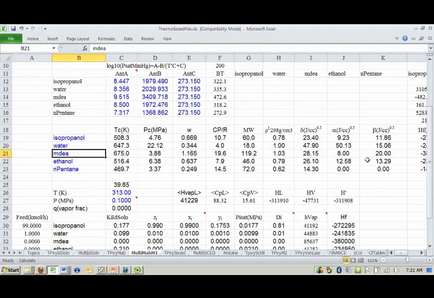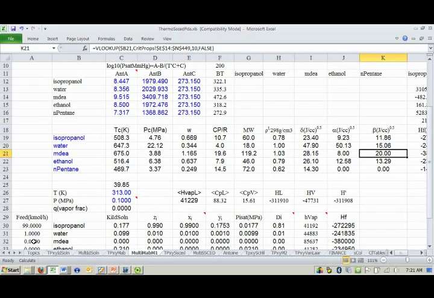I picked that component because of the way its alphas and betas align. So you see how the beta is greater than the beta value for water, but the alpha value is less. And so this is going to give us a negative result for the Aij.